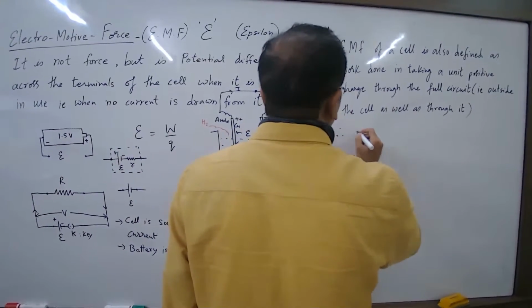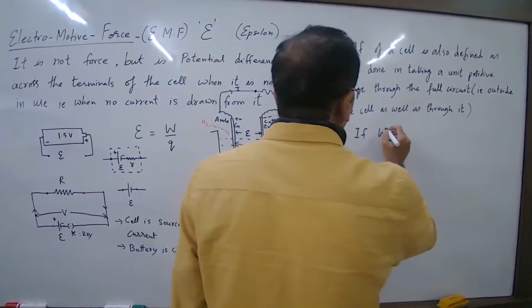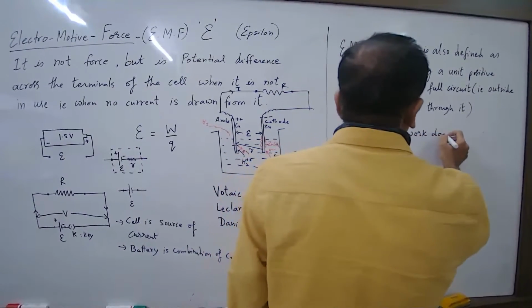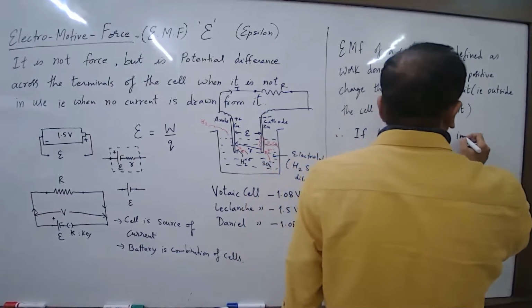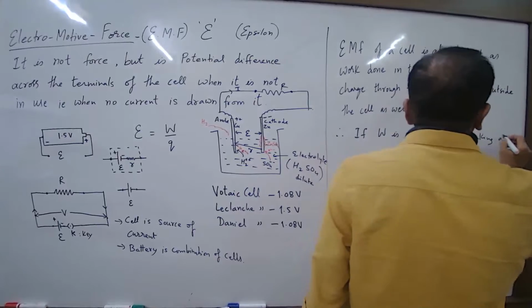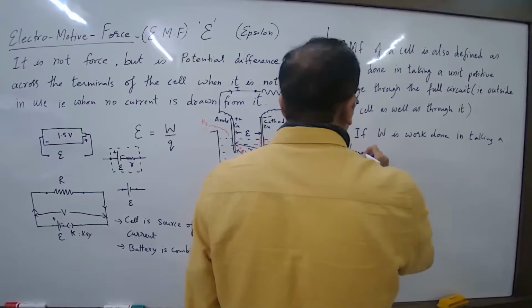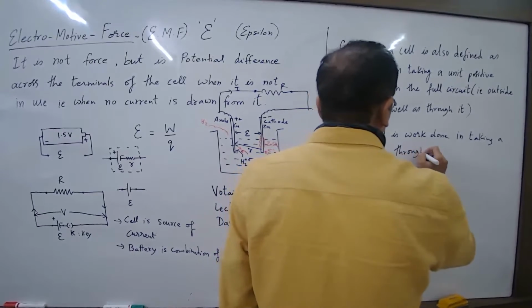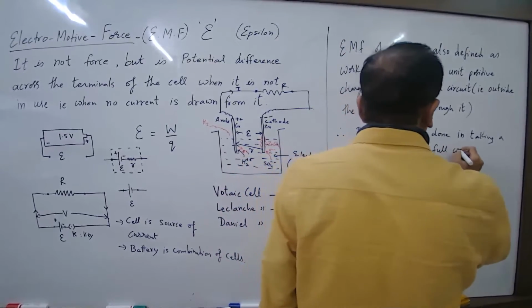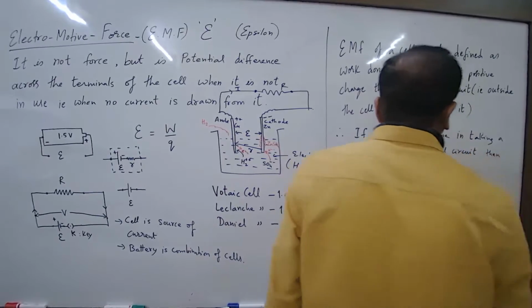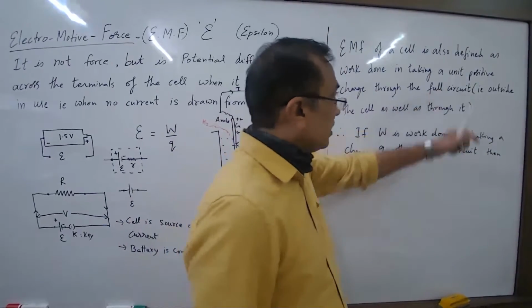Therefore, if W is the work done in taking a charge Q through the full circuit, then what is this EMF?